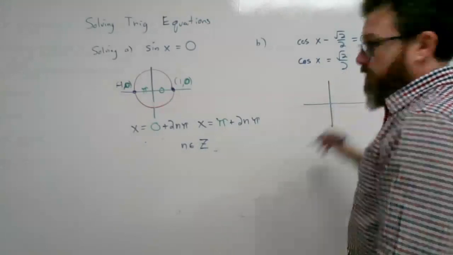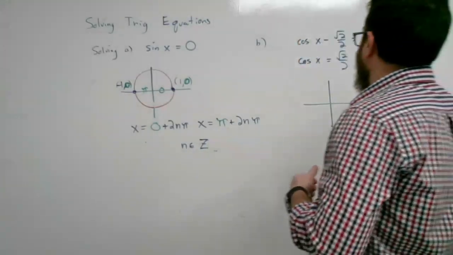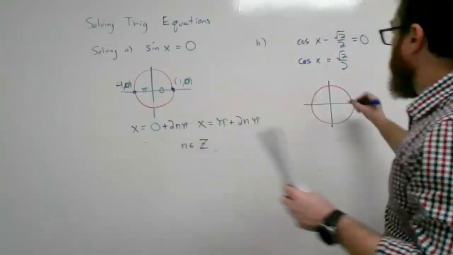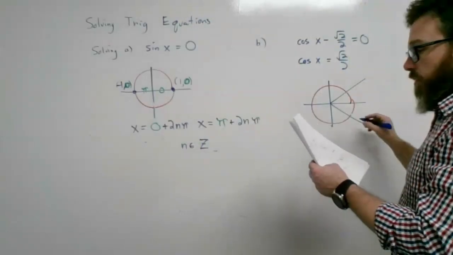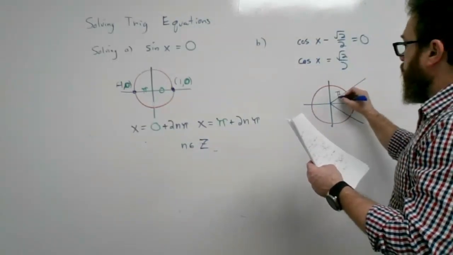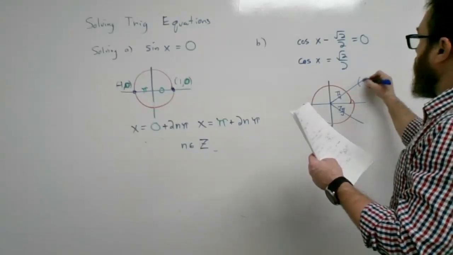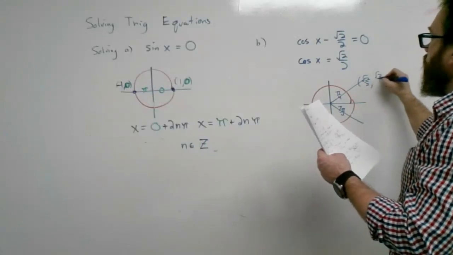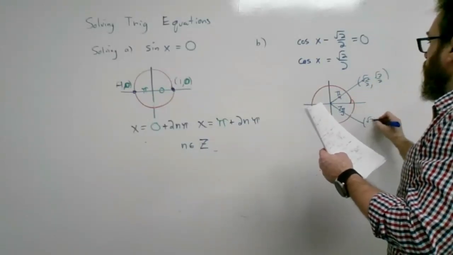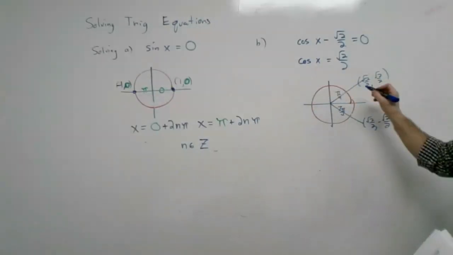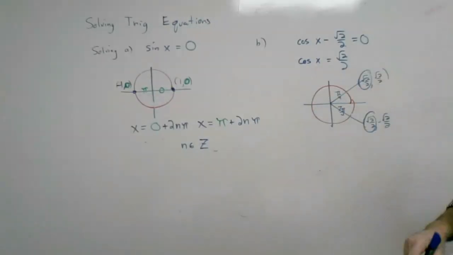So if I look at these, we have our unit circle being here, and our x coordinates that are going to split root 2 over 2 is going to be this angle and this angle. This angle being pi over 4, and this angle being 7 pi over 4. And we can see that we get root 2 over 2 comma root 2 over 2, and this is going to be root 2 over 2 comma minus root 2 over 2. But since we're talking about the cosine, it's the x coordinates that I'm looking at.